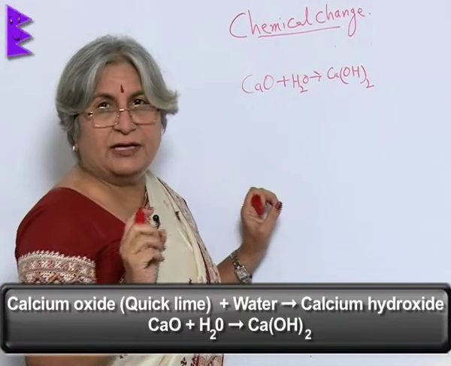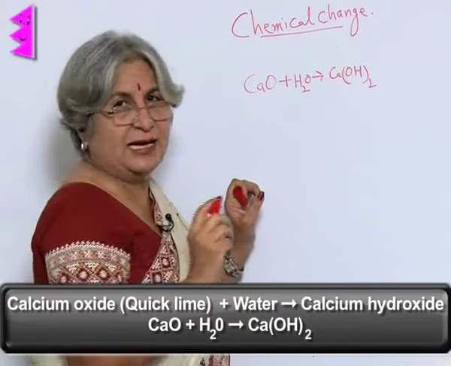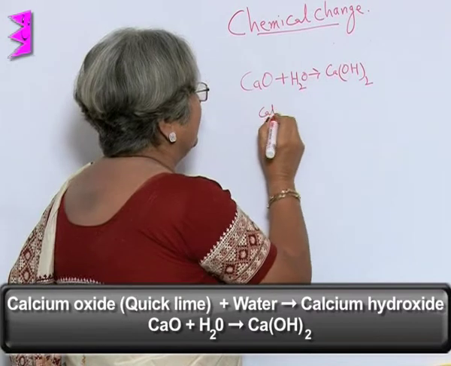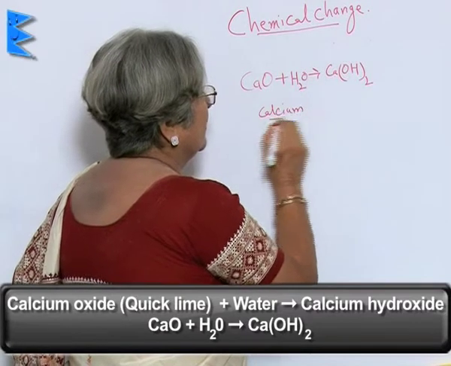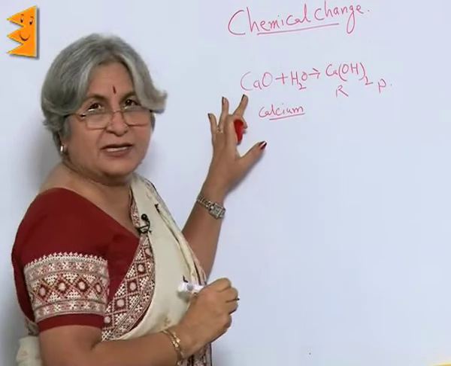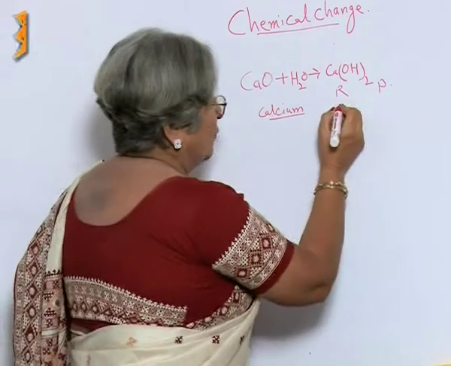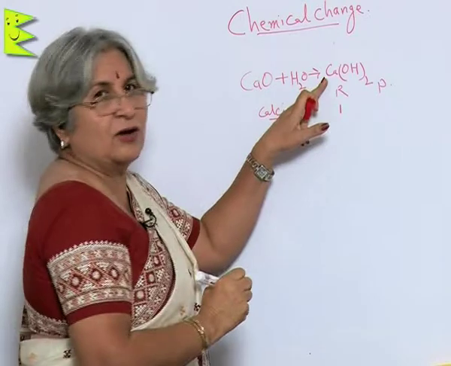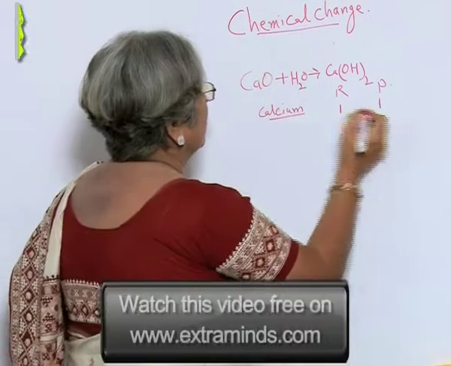Now, if we count the number of atoms of an element, say in the case of calcium, these are the reactants, these are the products. How many calcium atoms are there? 1 in the reactant. Here also 1.